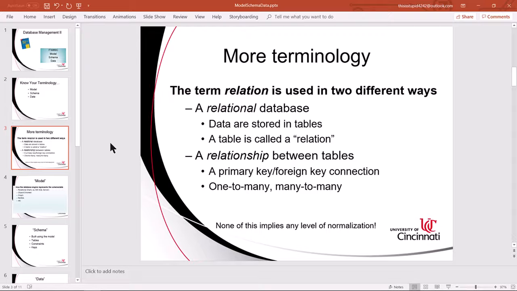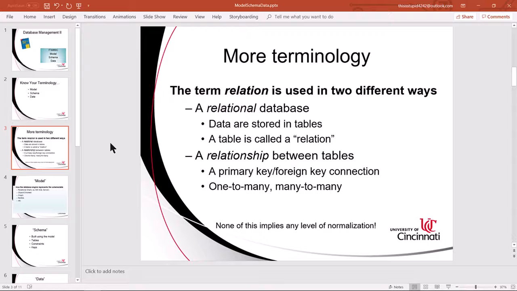Even before we get to model, schema, data, let's talk about the word relation, because it is used in two different ways and it does get confusing. A relational database means nothing more than a database where the data is stored in tables. That's all it means.